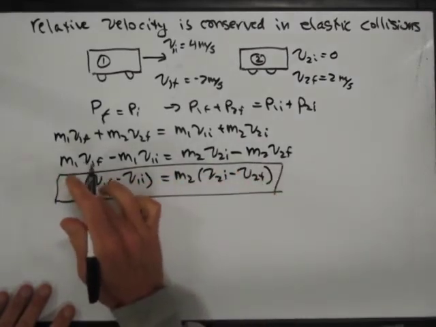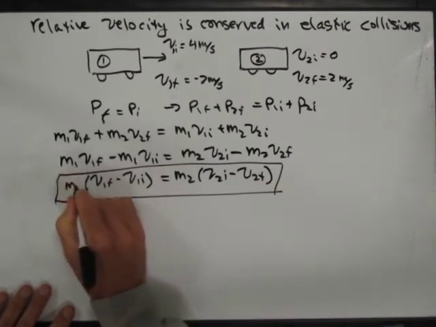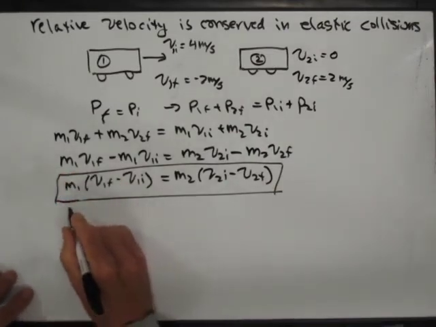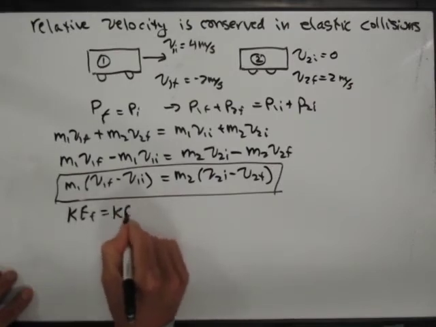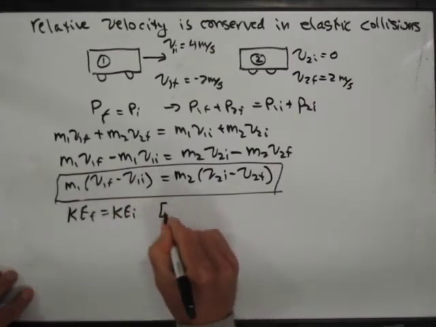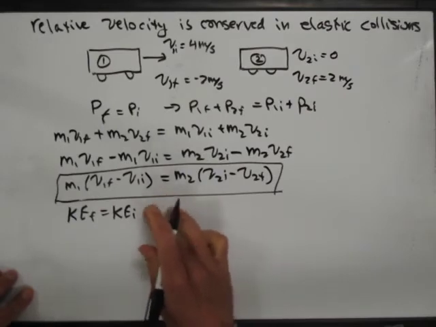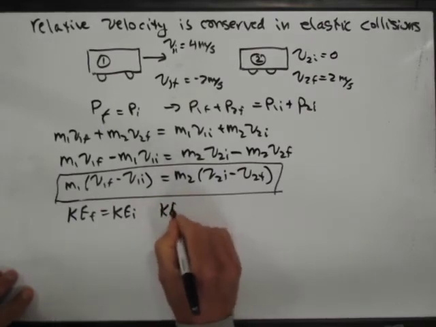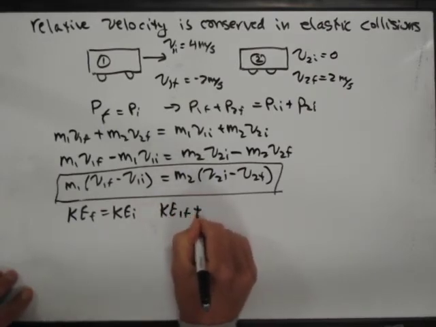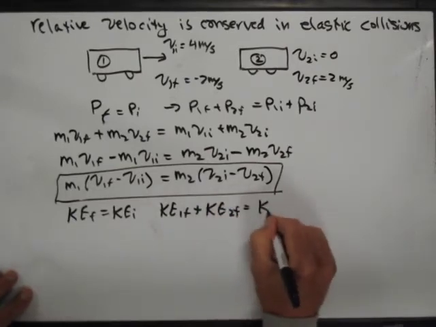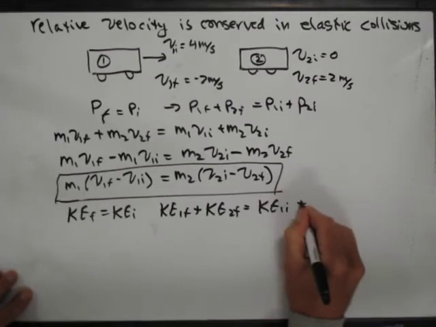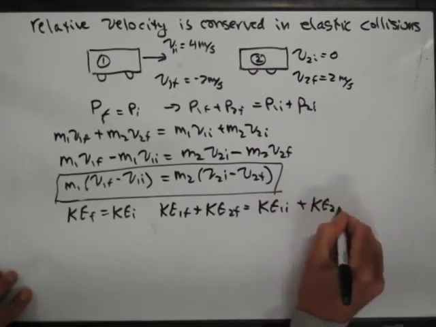You clean that up just a little bit. M1. Right. Now we're going to do the same thing for kinetic energy. We're going to say KE final equals KE initial, so that KE1 final plus KE2 final equals KE1 initial plus KE2 initial.